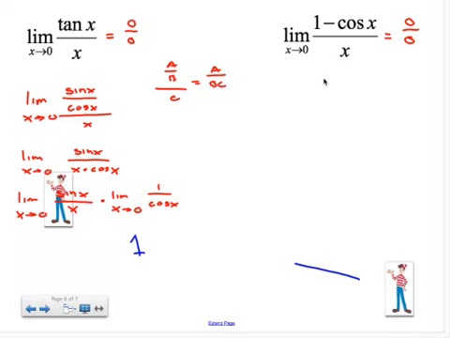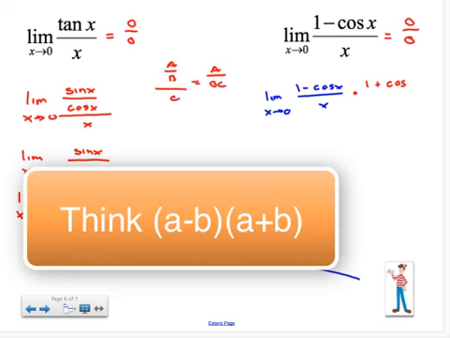All right, now what about over here? Indeterminate, so I have to do some work here. In the trig world, when I see 1 minus or 1 plus a trig function, bells and whistles have to go off in my head that I'm probably thinking conjugates if I'm using identities. So the first thing that pops up in my mind is to multiply top and bottom, numerator and denominator, by the conjugate to 1 minus cosine x, which is 1 plus cosine x.